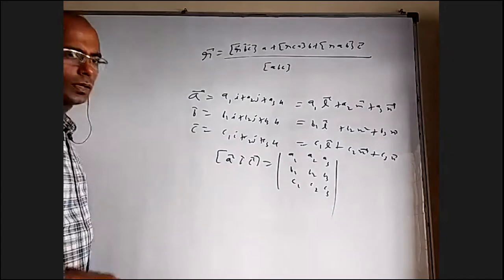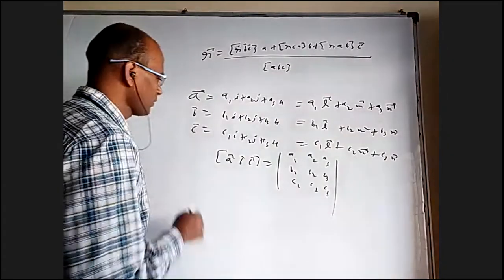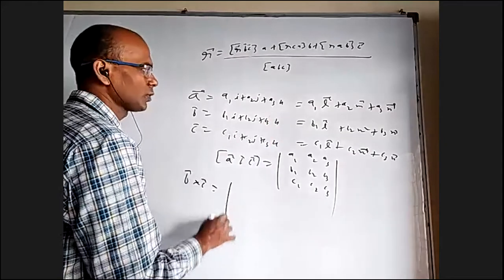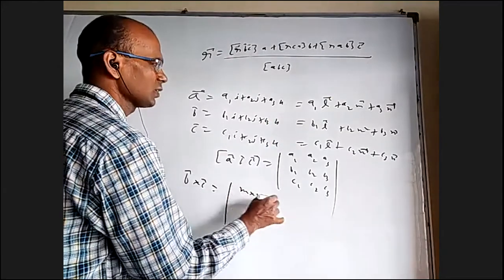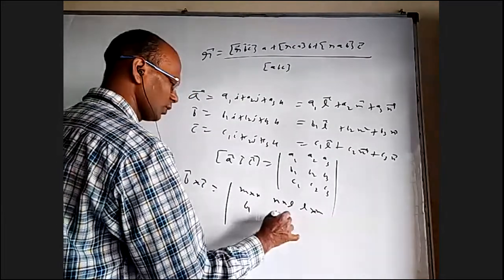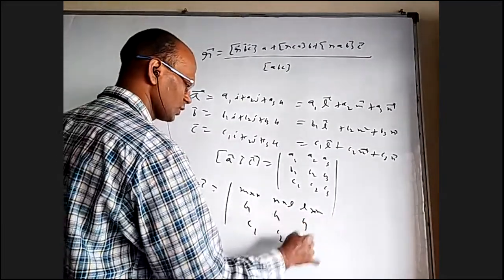Okay, right? So actually, if you see what is B cross C now in the new case, you are going to get M cross N, N cross L, L cross M, with B1, B2, B3, C1, C2, C3.